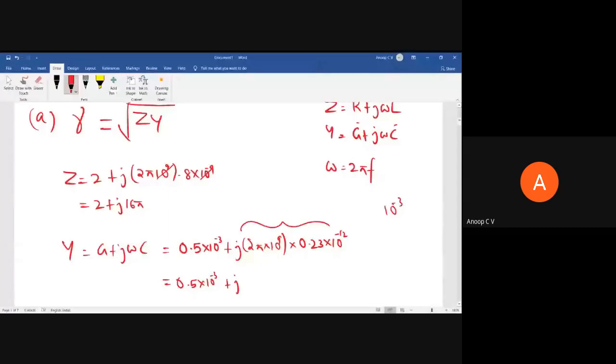Those who have a calculator, please calculate and unmute yourself and tell. Because I'm on a different page, if you type it in, I may not be able to see. I just came to this particular window. 2 pi into 0.23, what is that exact value I need?